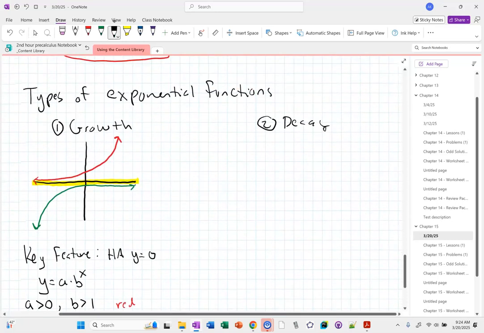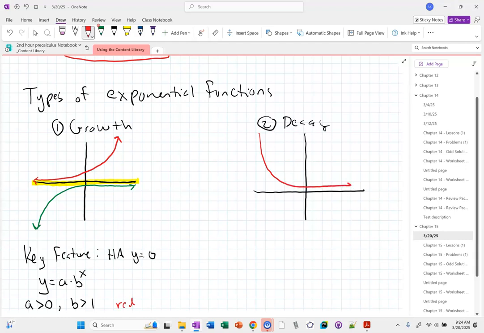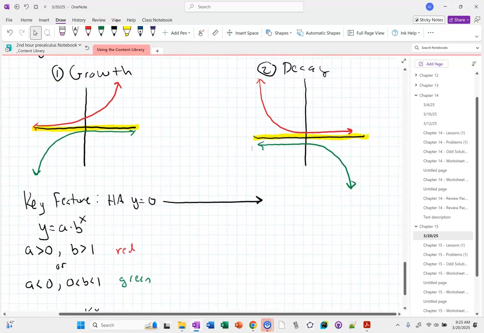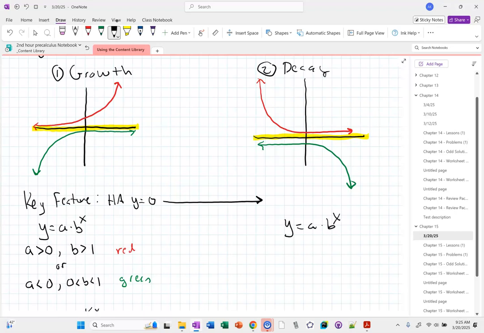Now a decay is going to be decreasing as we move from left to right. So it's going to look like one of those two. It has the same key feature: we still have the same horizontal asymptote regardless. If it's written in this form, I can tell it's a decay just by looking at the a and the b.